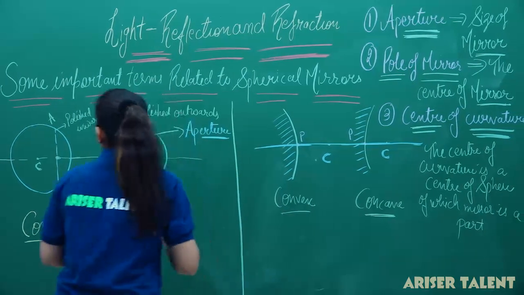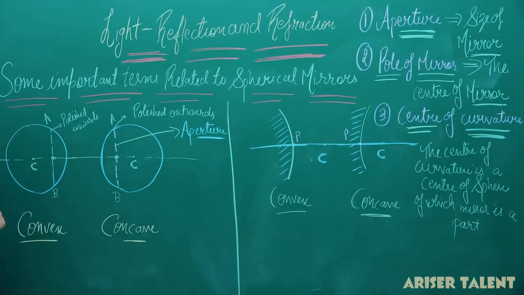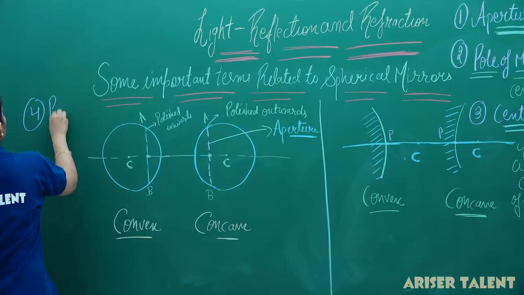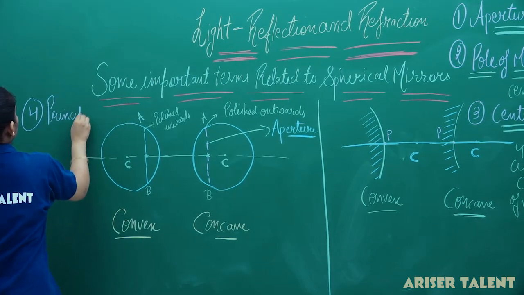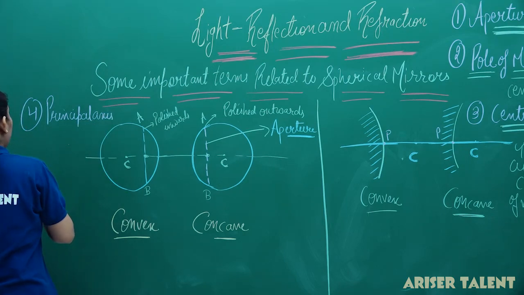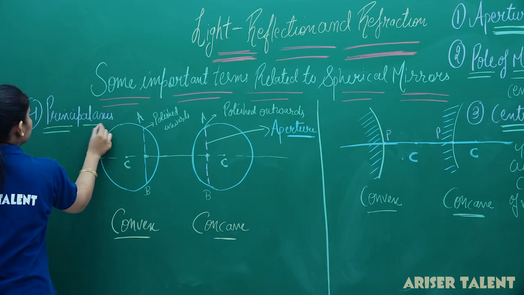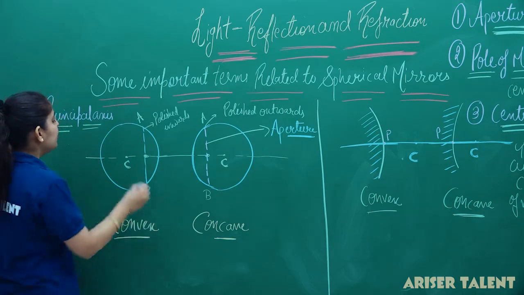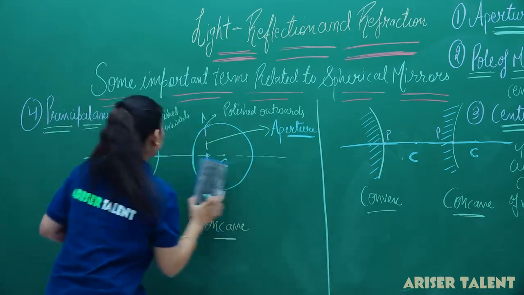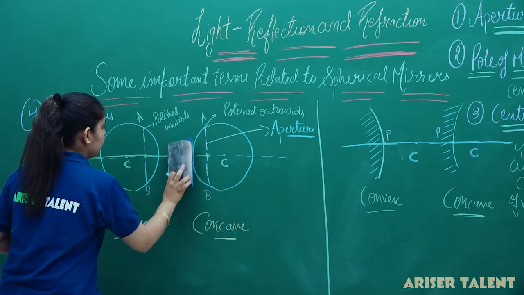So the fourth term here is principal axis. Now, what is principal axis? You can see that this is a straight line.